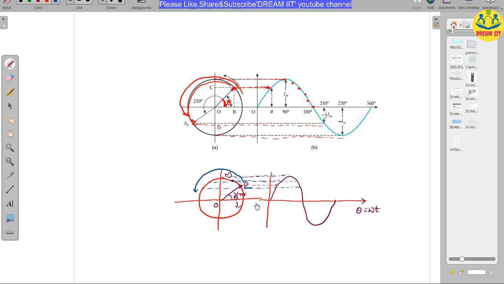That's why we take the phasor representation of the alternating quantity. So what can we write? The length OM we can write as OP sin theta. If you take theta as 90 degrees, then you are going to get OP, that is the maximum value. Or you can write OP sin omega t.